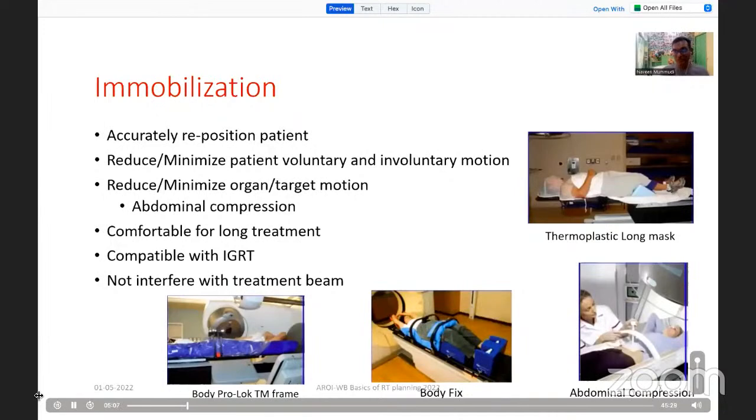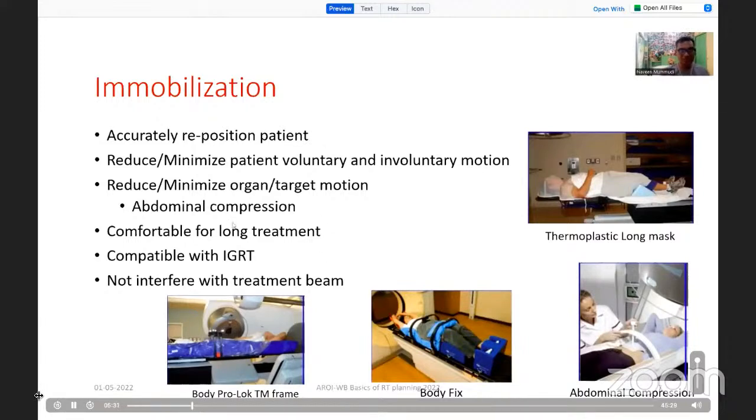You could also use a vac lock, or you could use a thermoplastic mask. The thermoplastic mask we generally use for patients in whom we need to treat the neck, because there's a shoulder. So these are patients who have a supraclavicular approach. And we use vac lock generally for patients who require stereotactic radiation. So SBRT lung patients would have a vac lock.